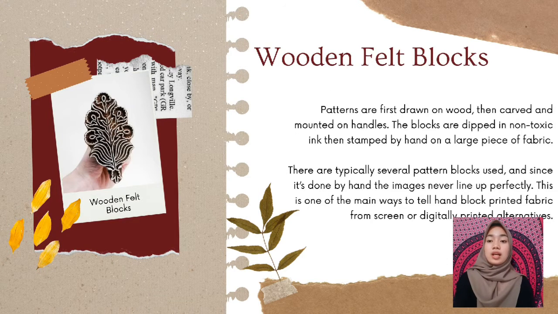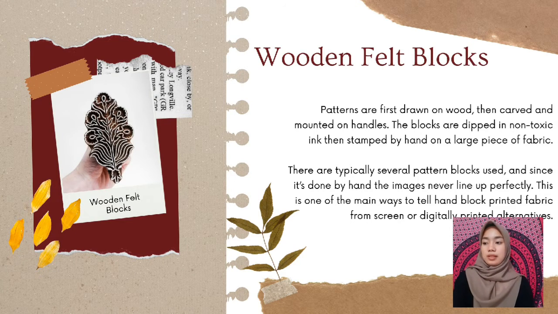And then wooden felt blocks. With this wooden block, the pattern is first drawn on wood, then carved and mounted on handles. The blocks are dipped in non-toxic ink, then stamped by hand on large pieces of fabric.